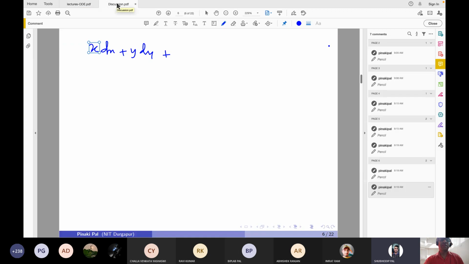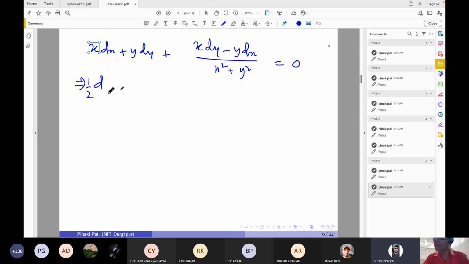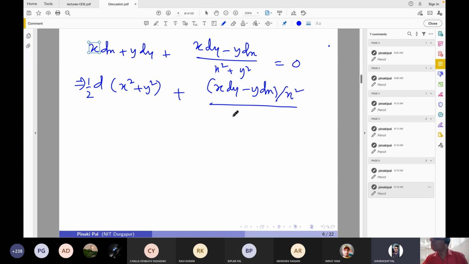minus y dx, divided by x square plus y square, equal to 0. The first two terms are d of (x square plus y square) by 2. And for the last term, do one thing: x dy minus y dx divided by x square in the numerator, and in the denominator also divide by x square, giving 1 plus (y by x) whole square.